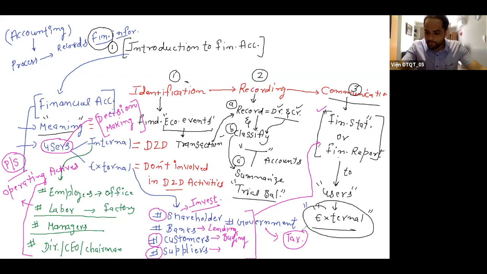Tax policies. So which kinds of tax policies we should implement, whether we need to make some amendments or changes in the tax policies or not. That's the kind of decisions the government needs to make.